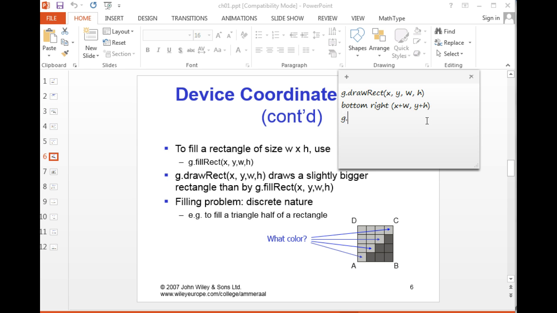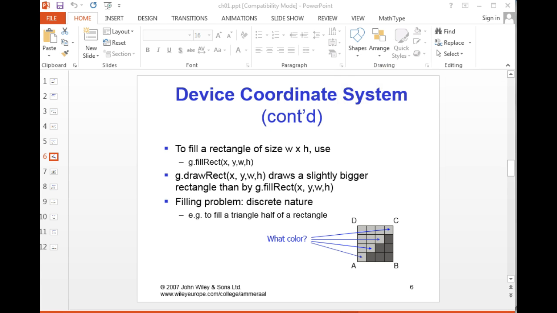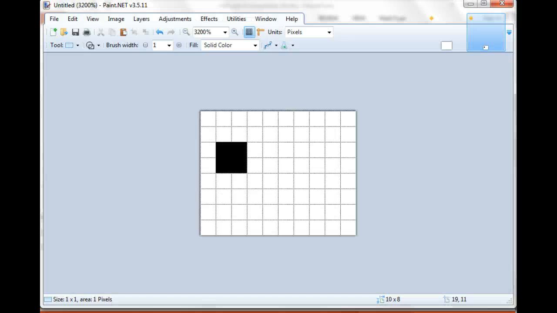When we do fillRect x, y, w, h, the bottom right point on that rectangle is x plus w minus 1, y plus h minus 1. So basically what that does is it says the w and h values are the actual size.